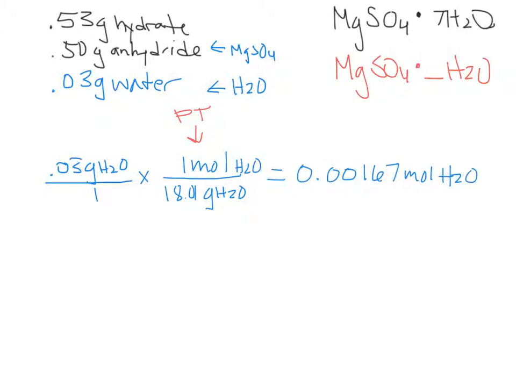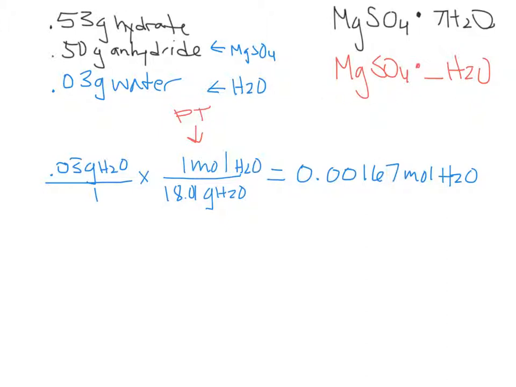It doesn't really matter where you round it to, because we're eventually going to have to put it in a ratio of this to that to make it work out. So next part, we're going to find the moles of anhydride, that value we get from here. We keep that separate because the whole thing together is the hydrate. But I just want this part and this part. So this is the water, this is the anhydride.